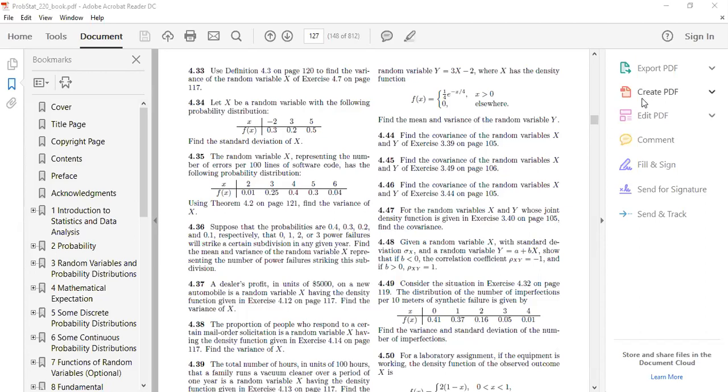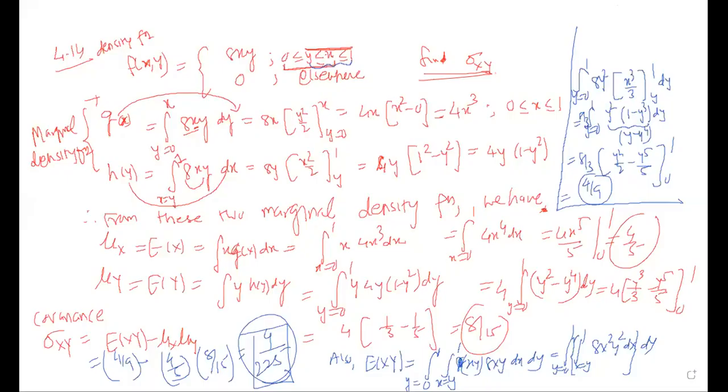Okay. So let me again go back to my whiteboard so that you can come to know this thing. It's very simple. Whatever we did, exactly the same thing we are going to do over here too. So exercise 4.35 for article 4.2.